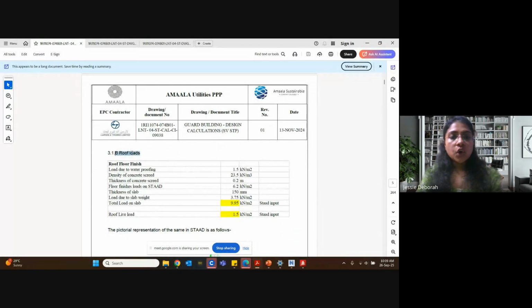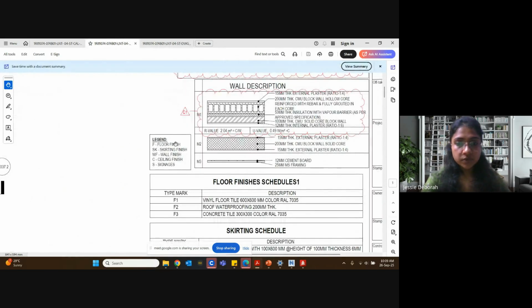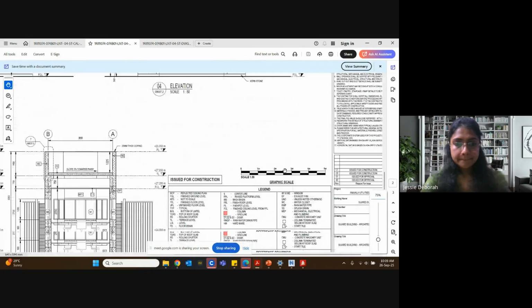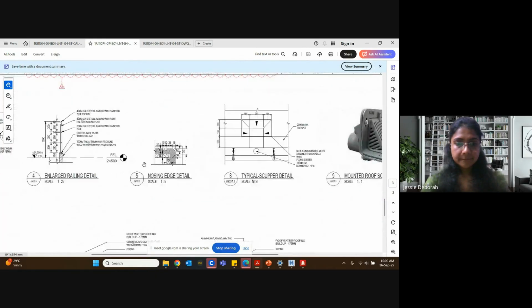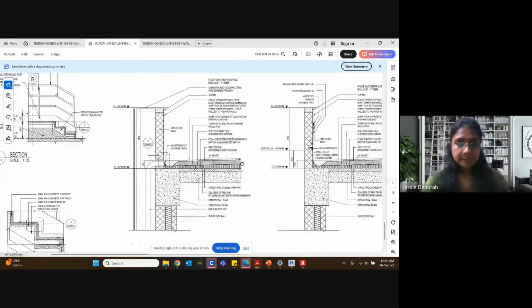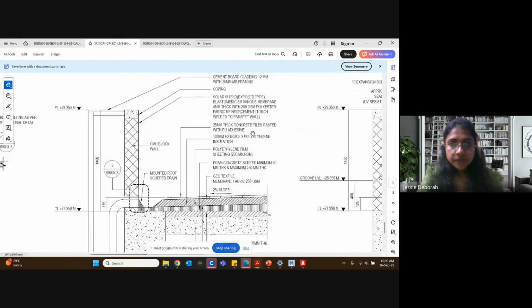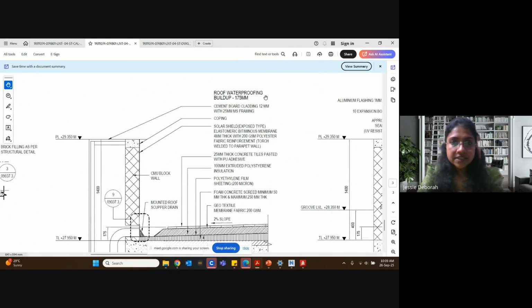Okay, then coming to your roof load. What all will come in the roof load? First, I showed you one waterproofing detail, right? The waterproofing detail will come, then after that the concrete screed will come. If you see this, yes, okay, so your concrete screed. Now if you see here, there is a waterproofing detail of 175 mm.